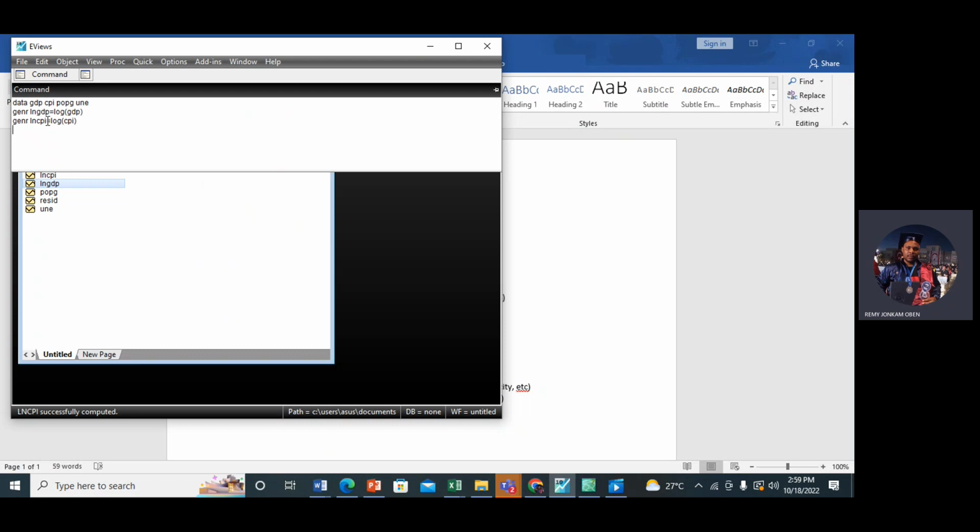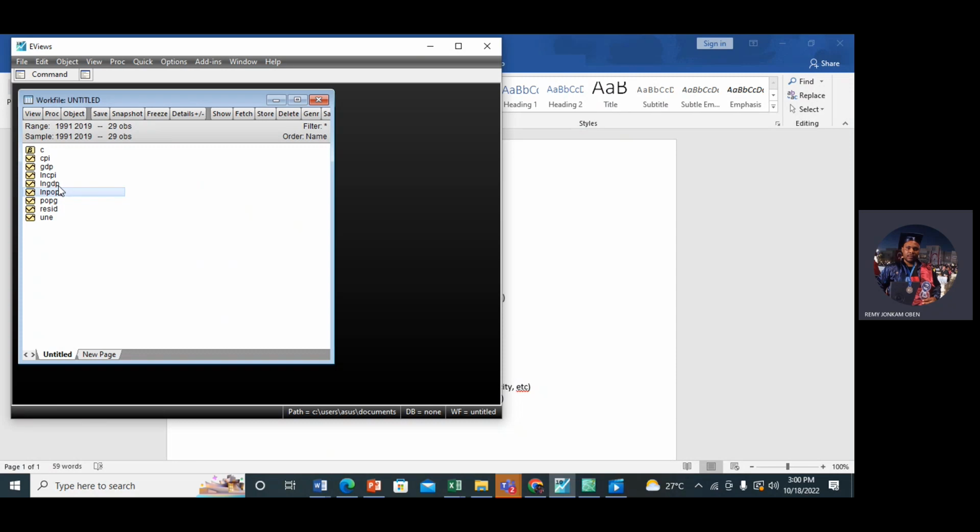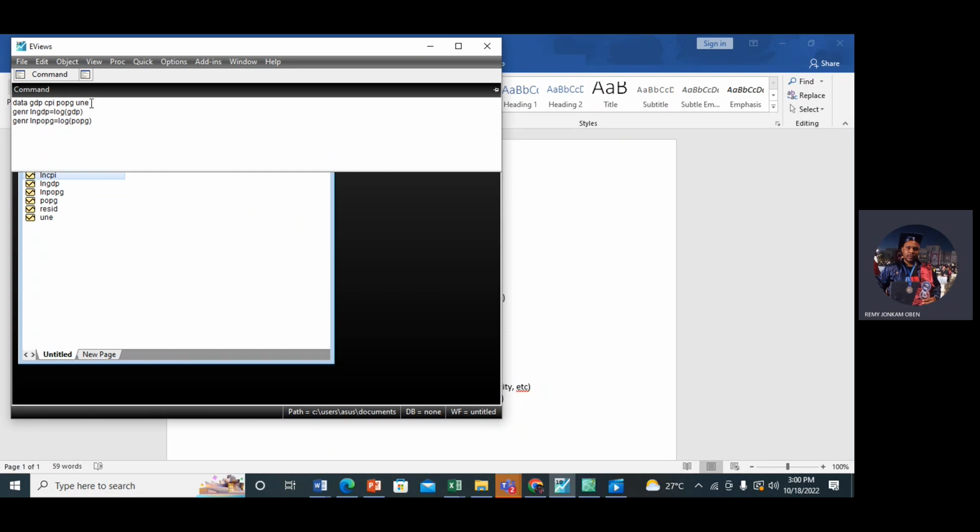If I don't want to repeat the steps, I just come here, delete CPI and type population growth. Then also come here, delete CPI and type population growth. Put your cursor at the end after the bracket and press enter. It generates that of population growth. So this is population growth, ln population growth, lnGDP, lnCPI. So let's generate that of unemployment.